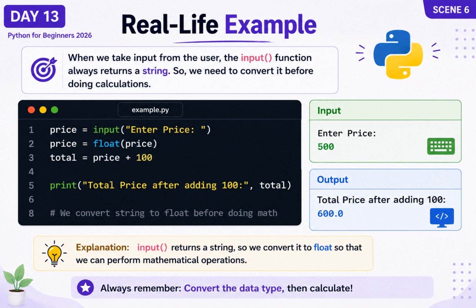Here, we use float to convert the input into a decimal number. Then we add 100 to it. So if the user enters 500, the output becomes 600.0. So before doing calculations, always convert the input into the correct data type.